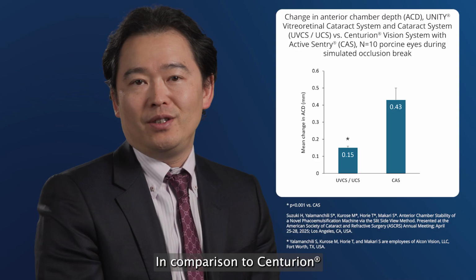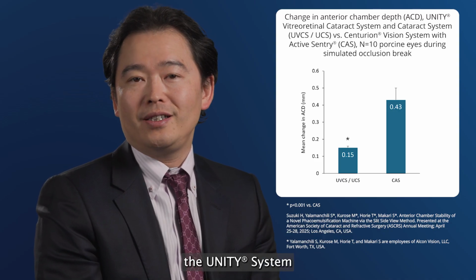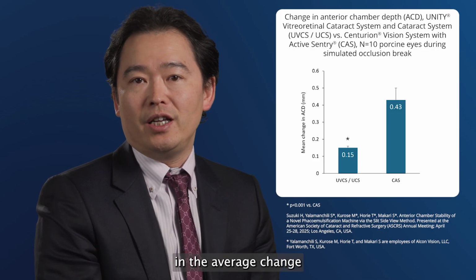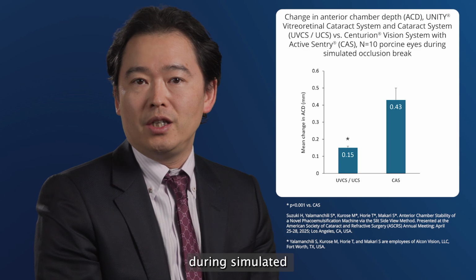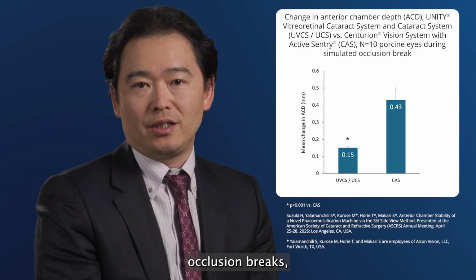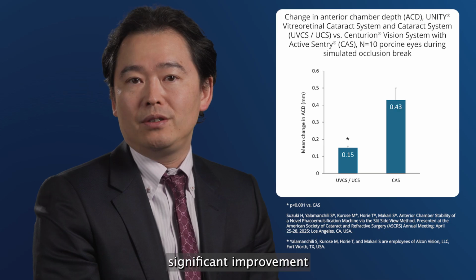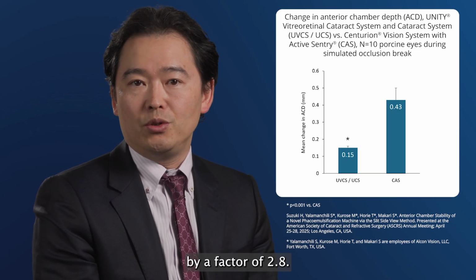In comparison to Centurion with Active Sentry, the Unity system demonstrated a notable reduction in the average change in anterior chamber depth during simulated occlusion breaks, resulting in a significant improvement in anterior chamber stability by a factor of 2.8.